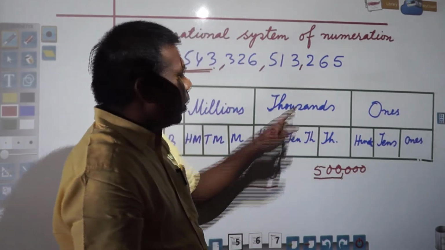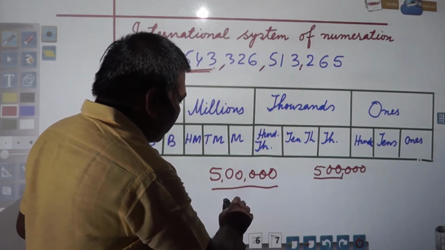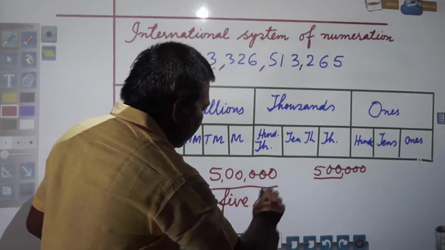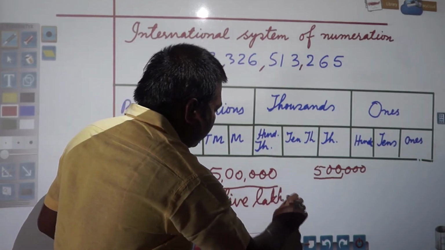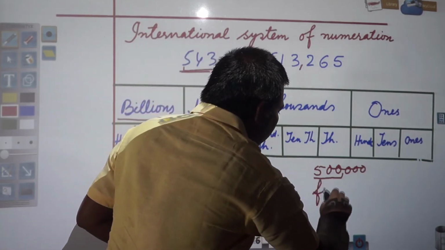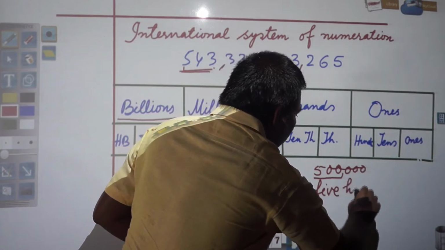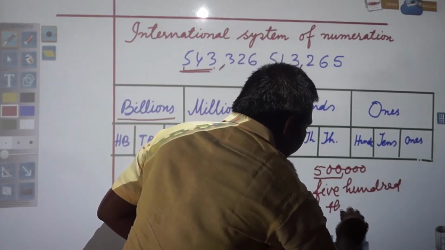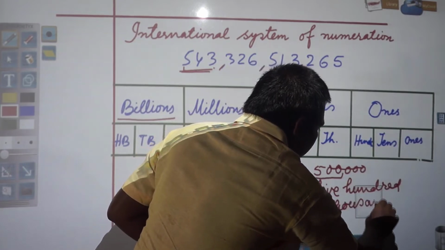So 500,000. Here in the national system, what will we write? 5 lakh. This is 5 lakh, and this is 500 thousands. So see the difference.